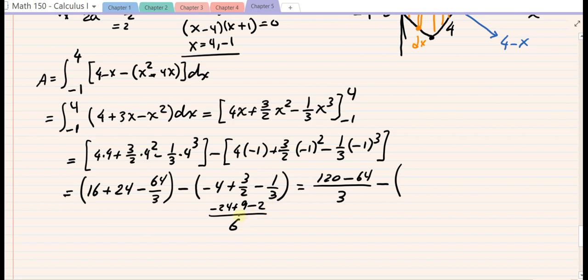So it's going to be negative 26 plus 9, negative 26 and 9, that's negative 17, right? Negative 17/6.